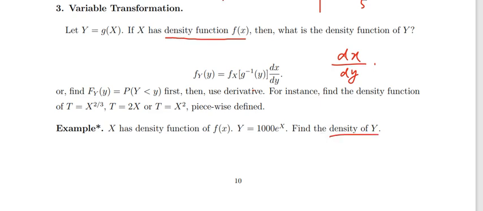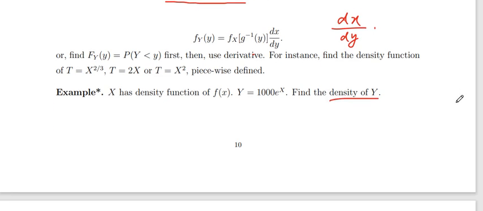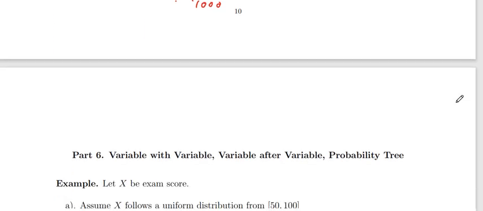We suppose x has the density function, then y: just change x in terms of y. So here, let's say x equals y over 1000, so what is x? x equals ln of this. So let's put x in terms of y.